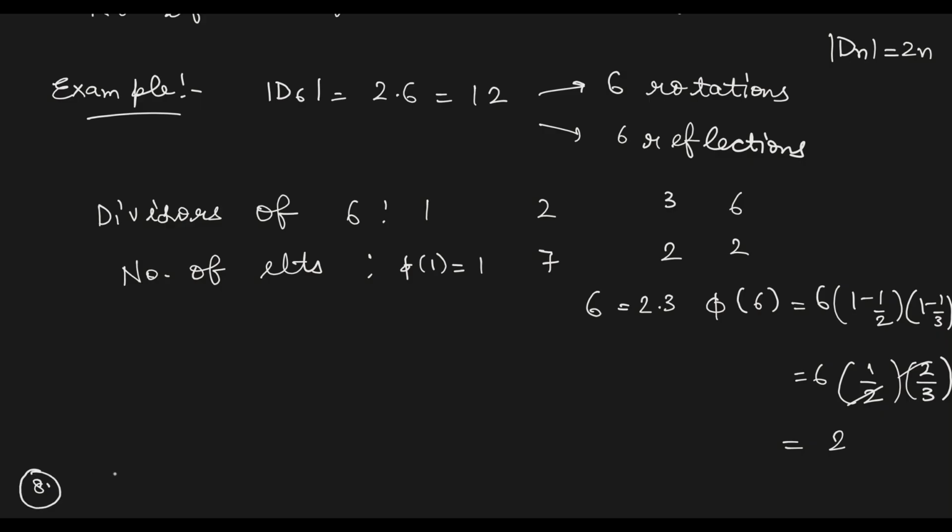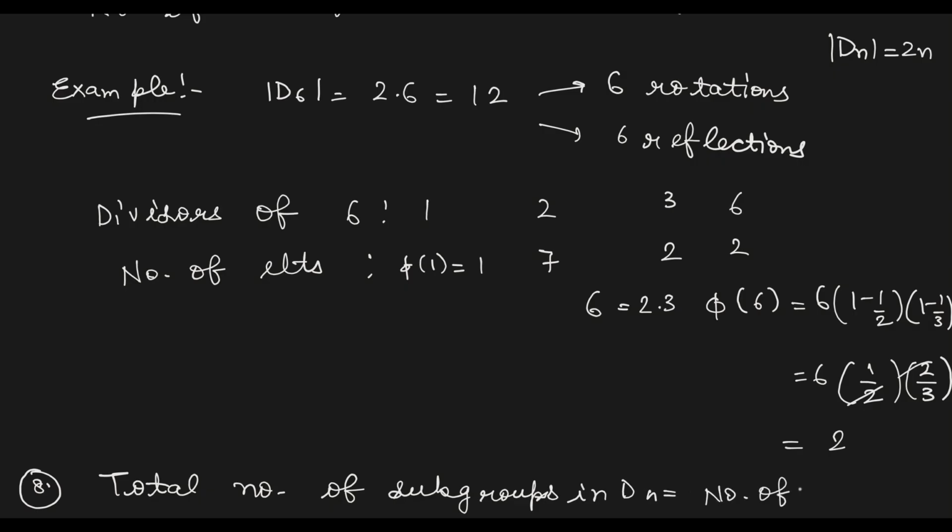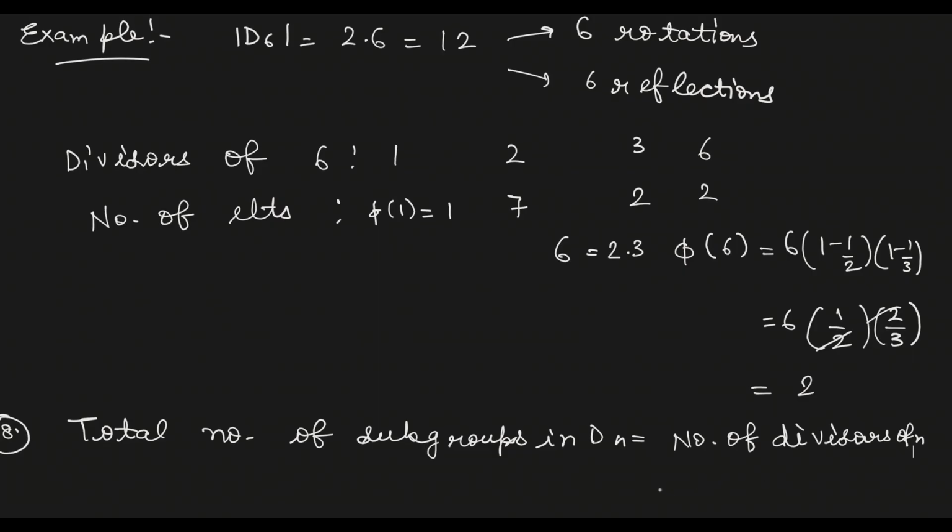Next, total number of subgroups in Dn: number of divisors of n plus sum of divisors.